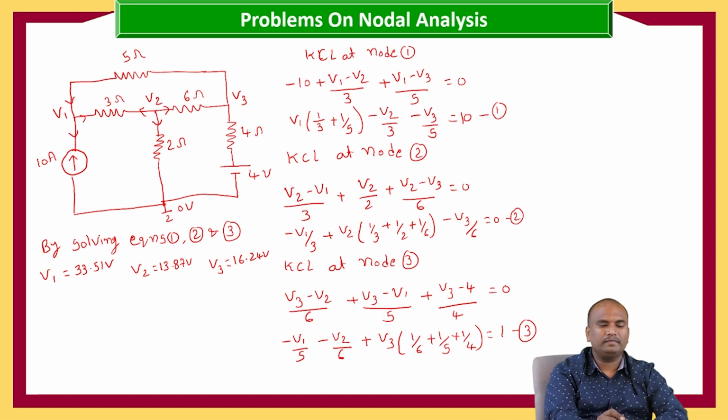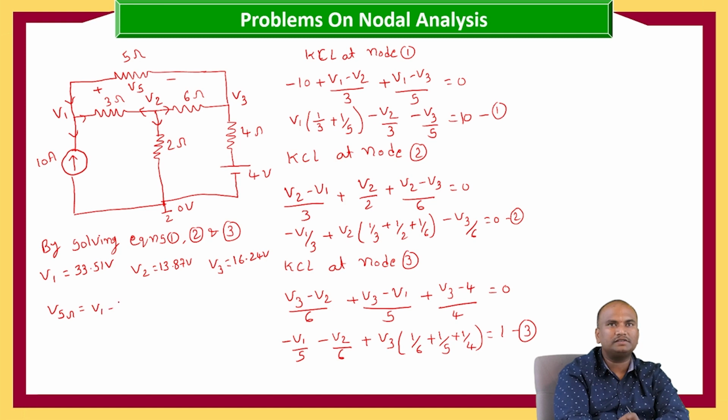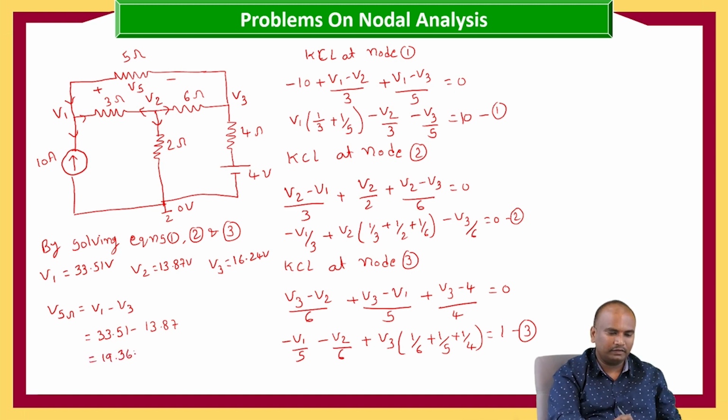Now it is asked to calculate what is the voltage across 5 ohms. Voltage across 5 ohms, if this is the positive value, so that is equals to V1 minus V3, that is 33.51 minus 13.87 volts, that is equals to 19.36 volts.